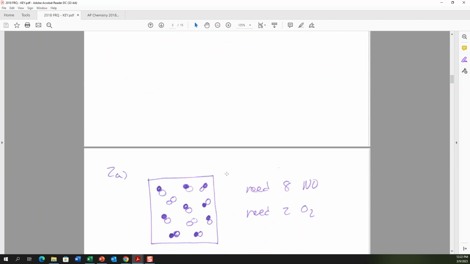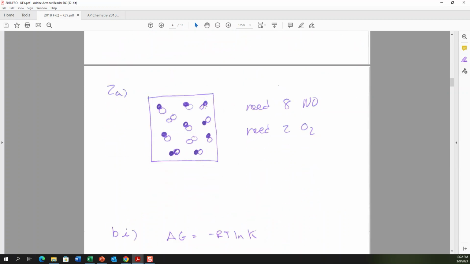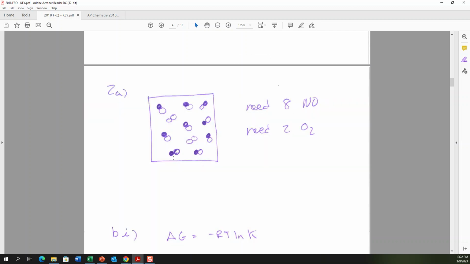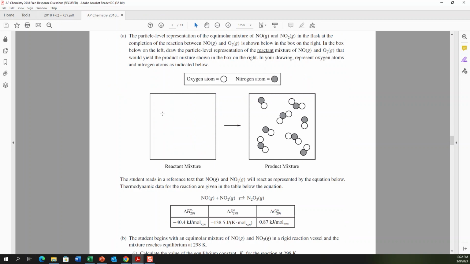So let's go there. Remember O2, you'd have to draw 2 O's together, right? Not just a single O. So 2 O's together. But we would need 8 of the NOs and only 2 of the O2s, okay? All right. So we move to the next one.